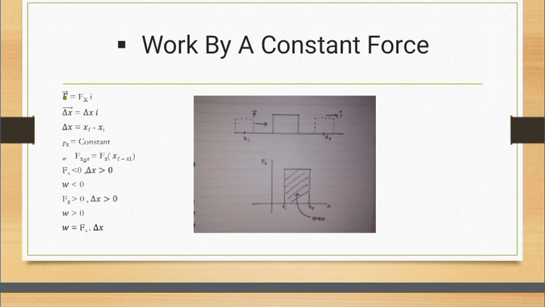Suppose our force starts at a point x initial and goes to a position x final, and we'll call this the i-hat direction. Then our force as a vector we'll write as Fx i-hat.